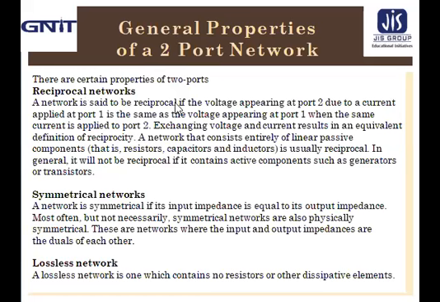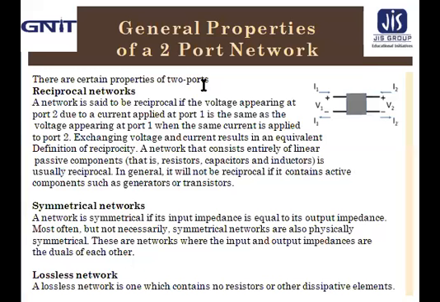The network is said to be reciprocal if the voltage appearing at port 2 due to a current applied at port 1 is the same as the voltage appearing at port 1 when the same current is applied to port 2.